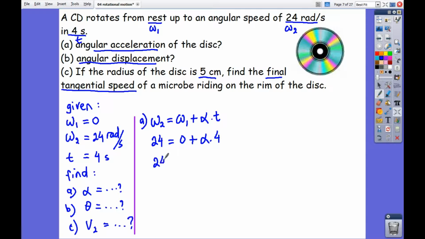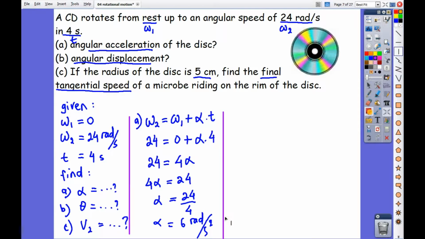So 24 equals 4 alpha. We can exchange these two sides: 4 alpha equals 24. So divide both sides by 4. We get alpha equals 6 radian per second squared.